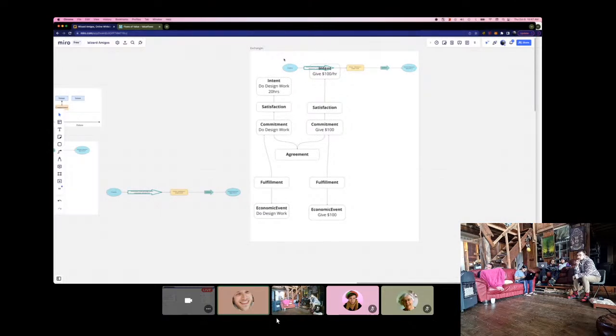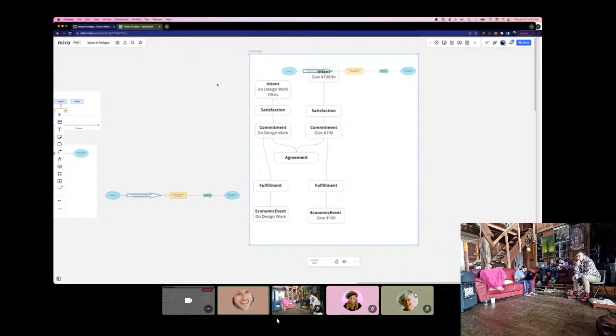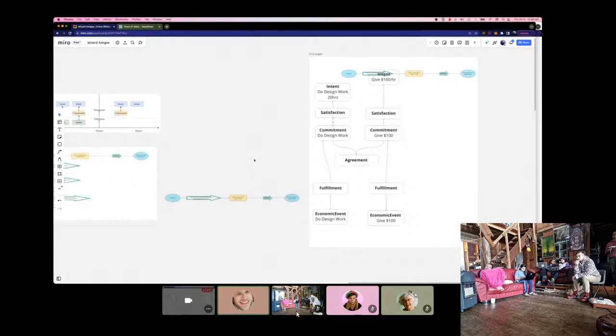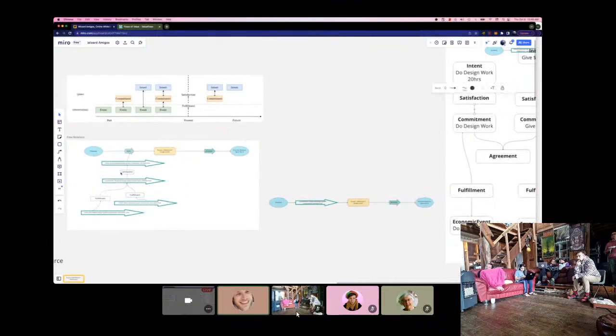But the point of these lines is really to show an exchange, right? How do you link two resource flows that are related, such that one is compensating for the other, or that should happen in tandem? So to be fair, these lines right here between intent, satisfaction, and commitment are identical to these ones right here.